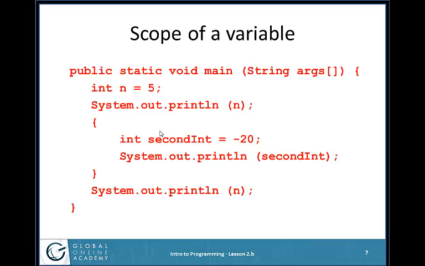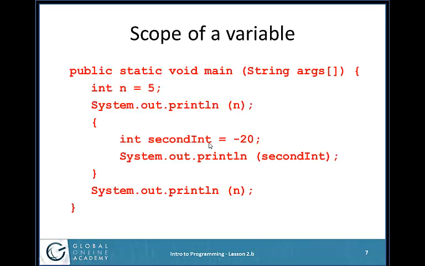Now let's talk about the scope of a variable. A variable can be used only within the braces that enclose its declaration. So here I've got something called int n equals 5. I can use the variable n from this point forward as long as I'm within the enclosing braces. So n is good all the way down to here. I can do System.out.println(n), and it'll print out a value of 5. Here I've got some more braces.